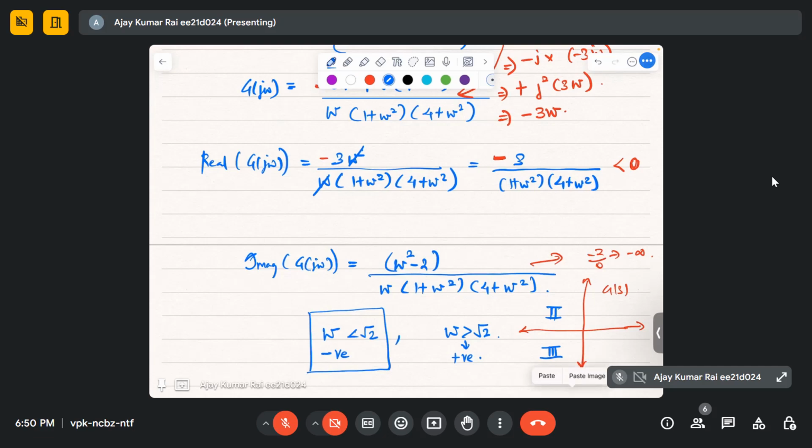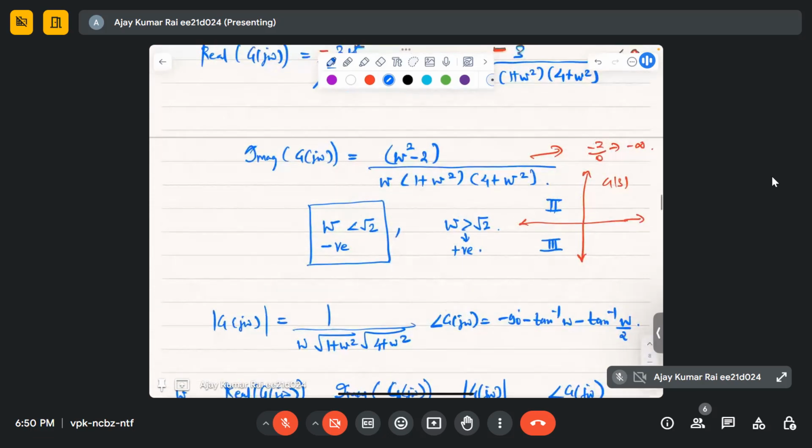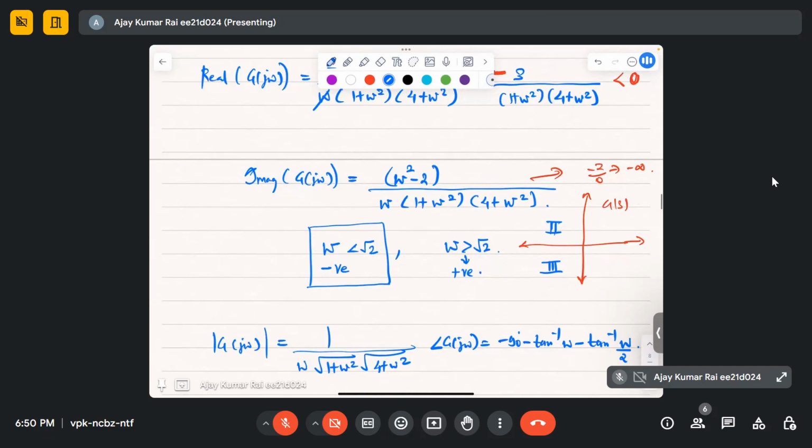You will approximately get 0. And for the imaginary part, put omega equal to infinity in this. Again, you'll get 0.